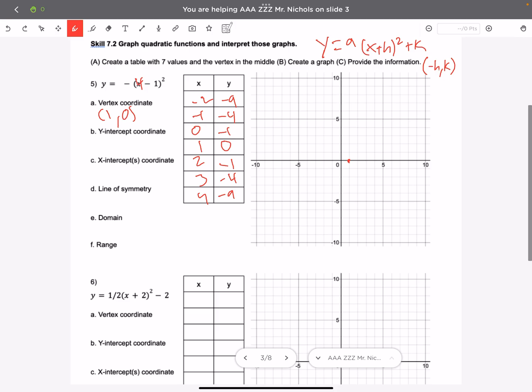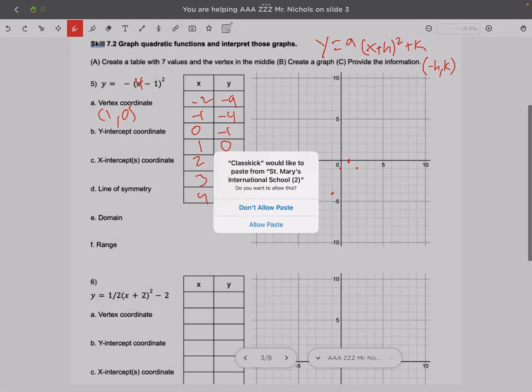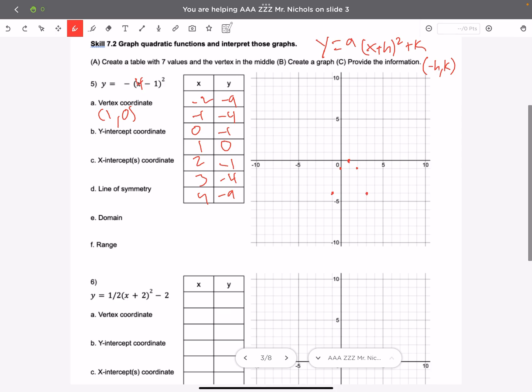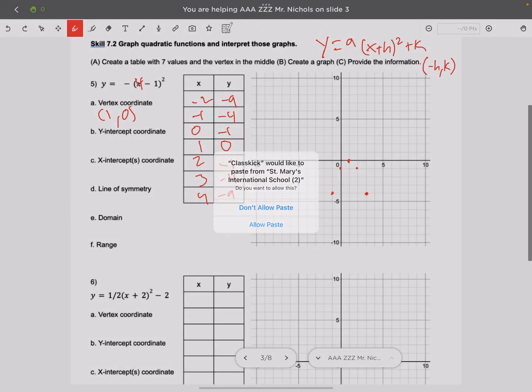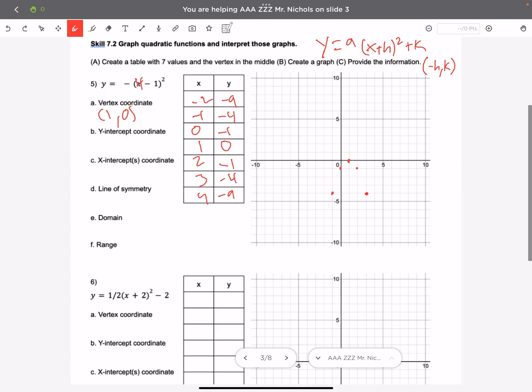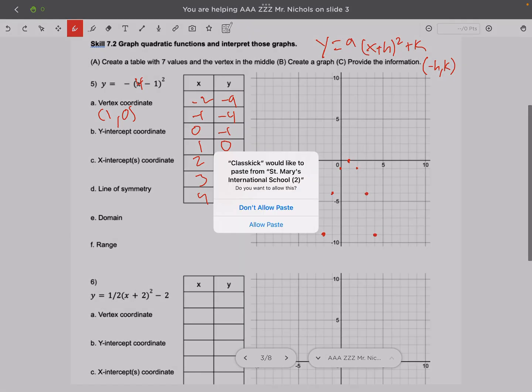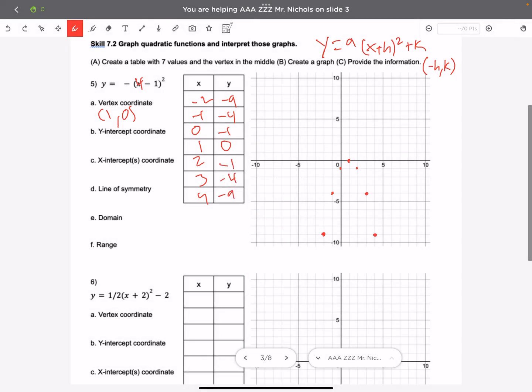And then I plot these points. Those are my negative 1, and then negative 4, negative 4, and then negative 9, and negative 9. All right. And then I would draw it in like this.